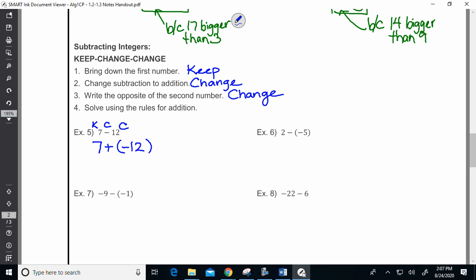So now that we've rewritten it, we got to solve it. So 7 is positive, 12 is negative. Different signs. You subtract. Since 12 is bigger than 7, this answer is negative.